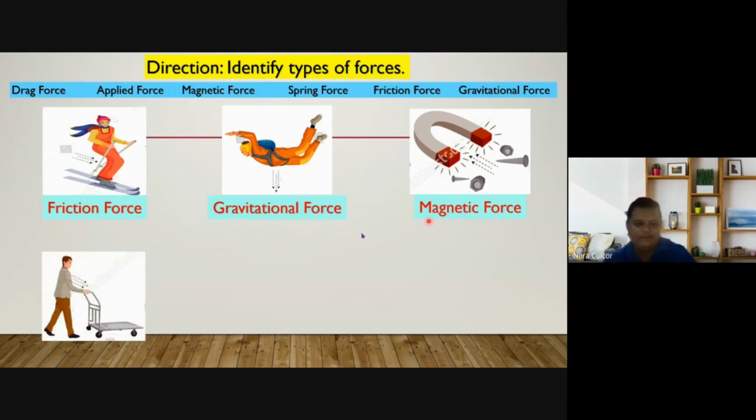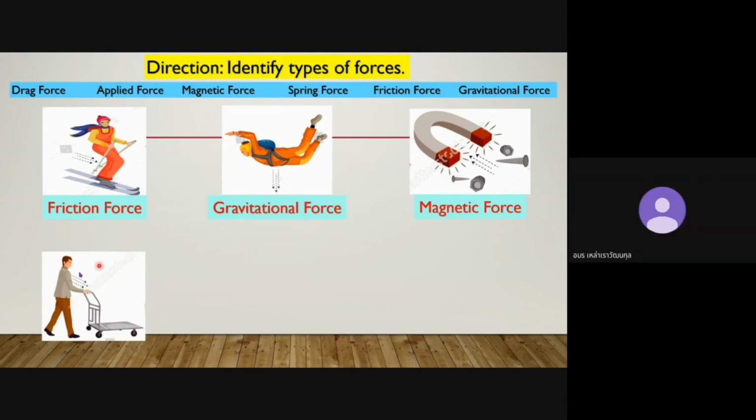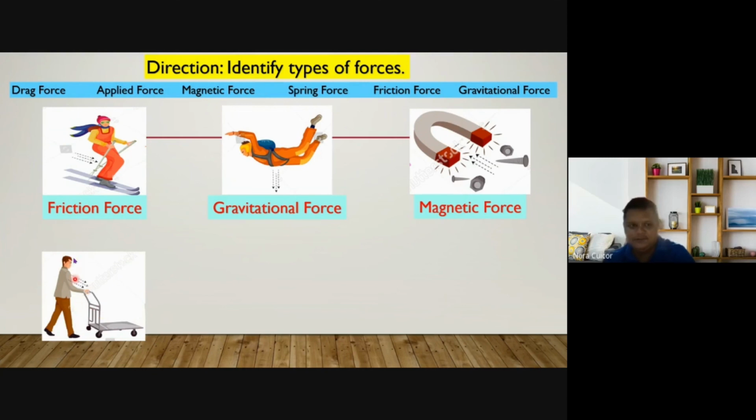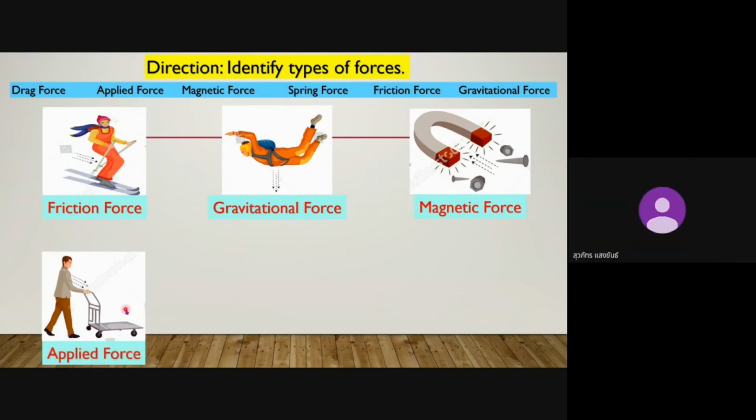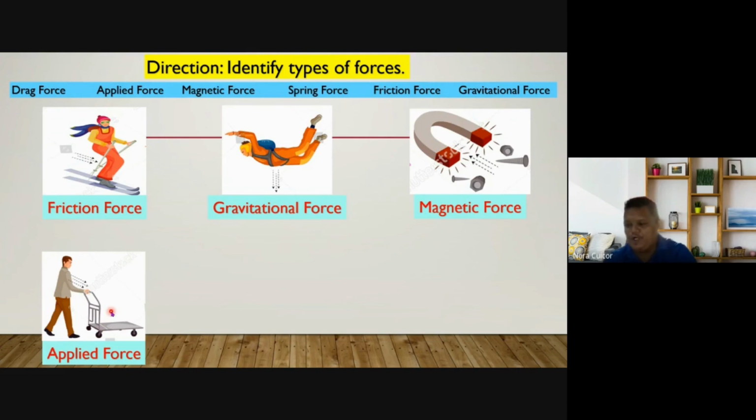Okay, next one. When you are pushing or pulling an object, what force did you apply? Yeah, it's a pulling force. So it is applied force. Okay, now applied force. When you push or pull any object, you are applying applied force. Okay, next one.